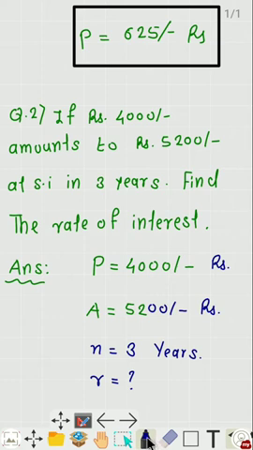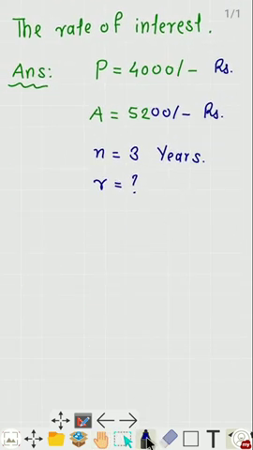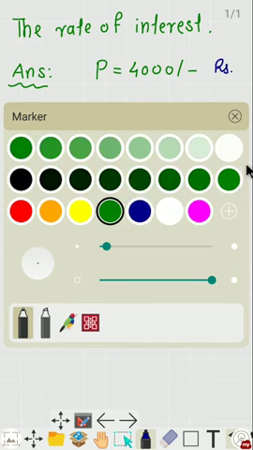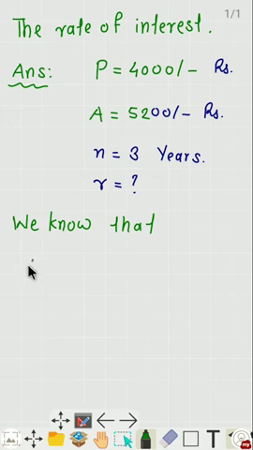So what we will do is, we know that the amount is equal to principal plus interest.